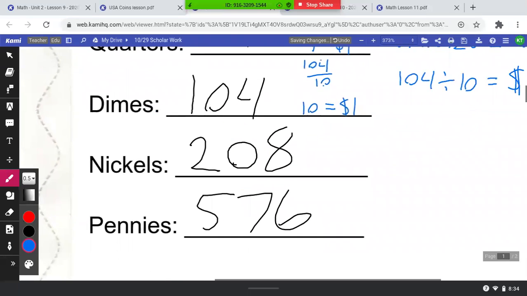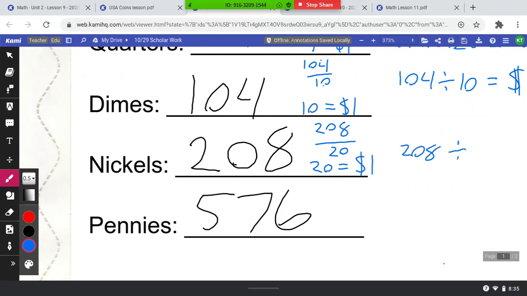Okay, nickels. There are 20 nickels in $1. But we have 208. So we are going to be doing 208 divided by 20.